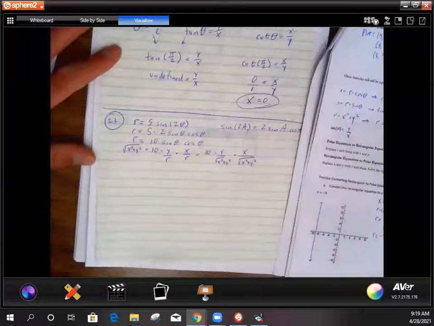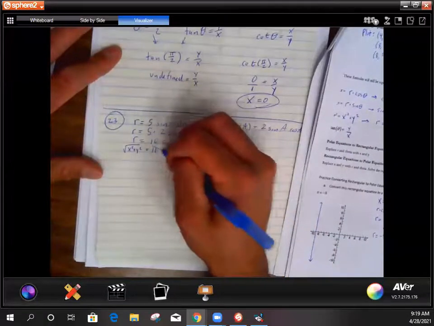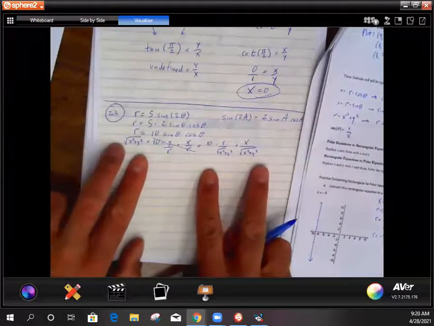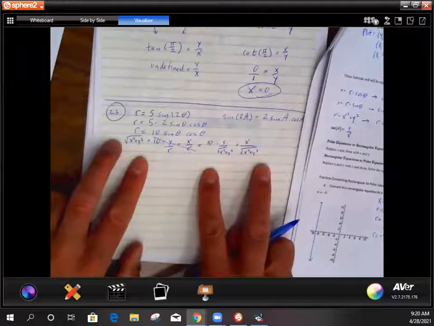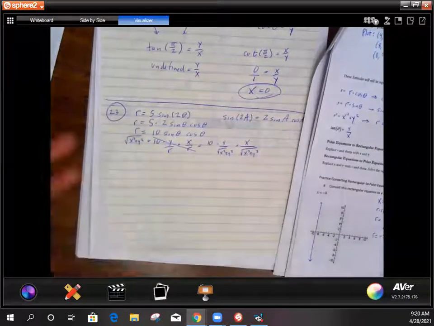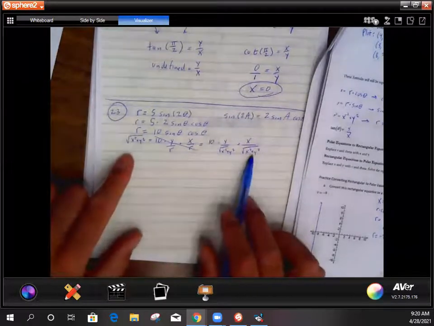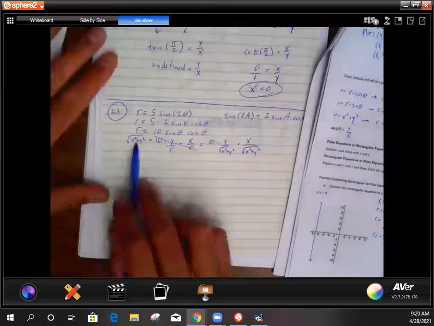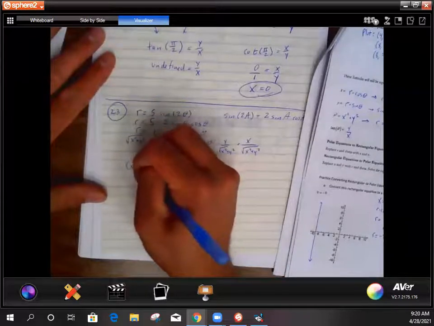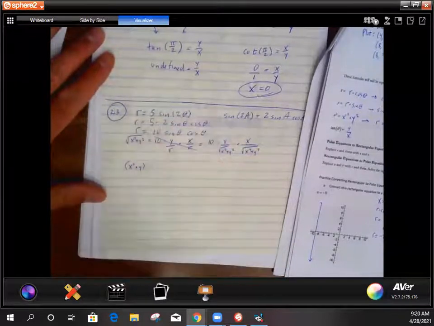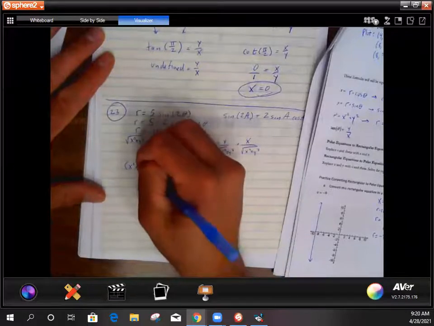All right, now everything, if we ignore this part, is in terms of x and y. So technically now it's in rectangular form, but we can write this a little nicer. We could write it with a rational exponent.